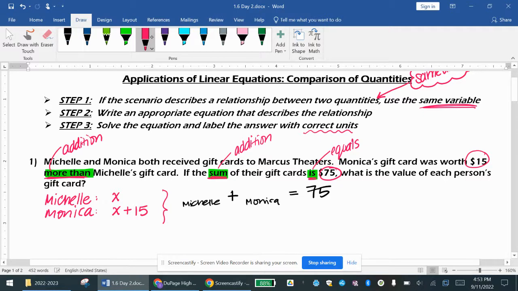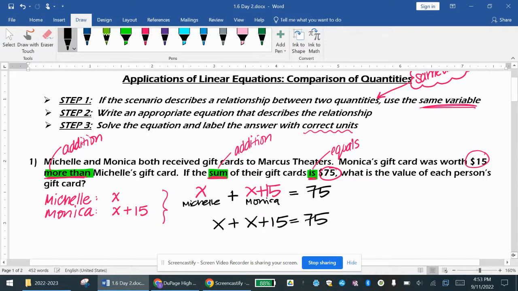Michelle is going to be represented by the variable x, her gift card, and Monica's has $15 more. Now we have an equation that we need to solve: x plus x plus 15 equals 75.